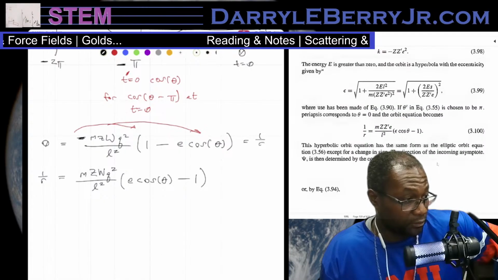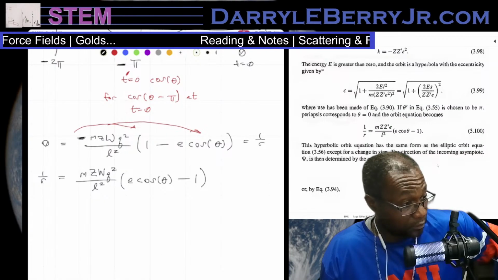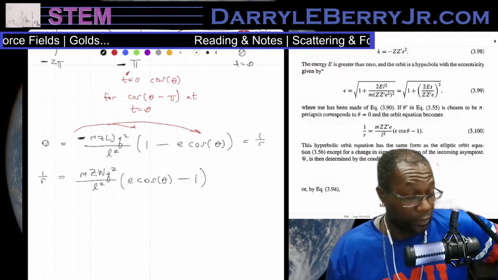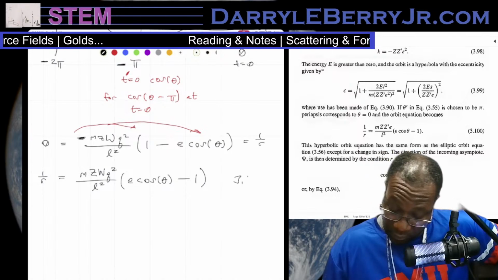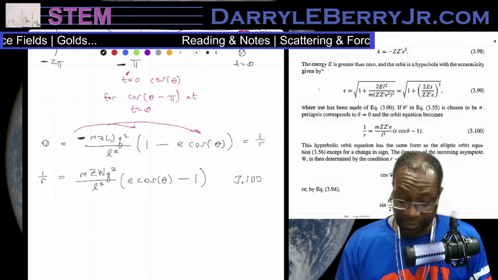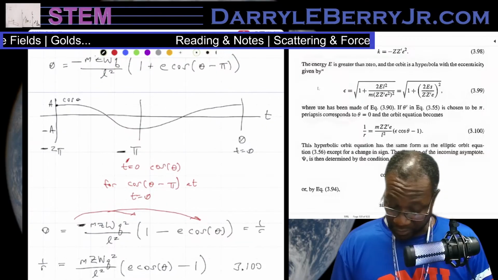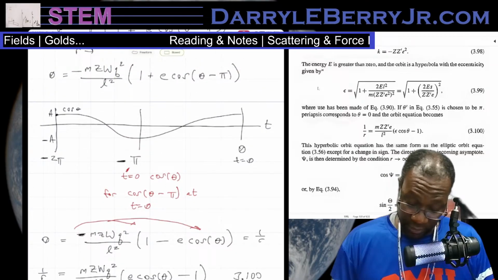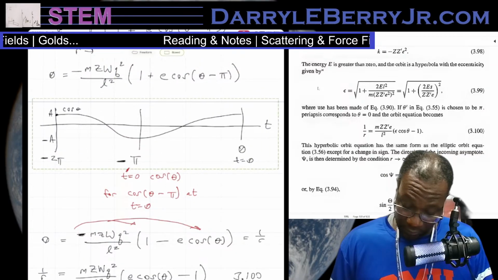All right, so now we have what the book has for equation 3.100. We have to get into the nitty gritty with some trig to make that work.